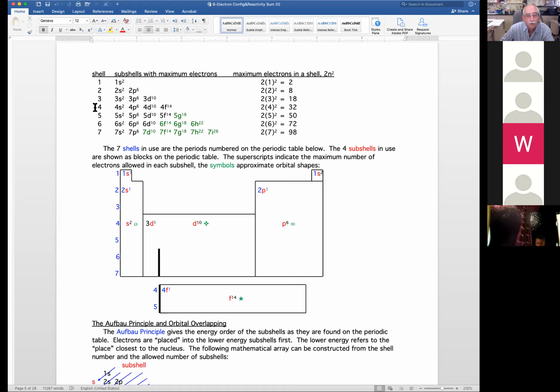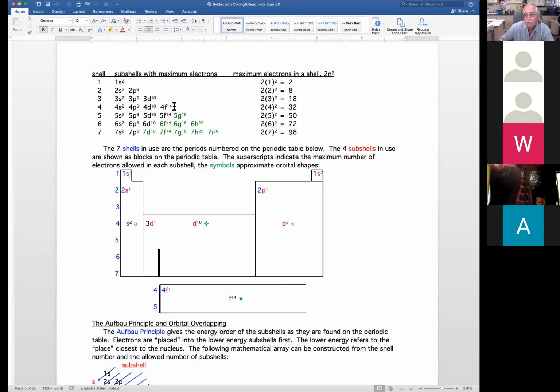In shell number 4, you can get 4 subshells in there. That would be 32 electrons. Shell number 5, you could have 5 subshells, but we don't need that 5th subshell because we don't have any elements to go into it. Theoretically, you could have 50 electrons just in that one shell.